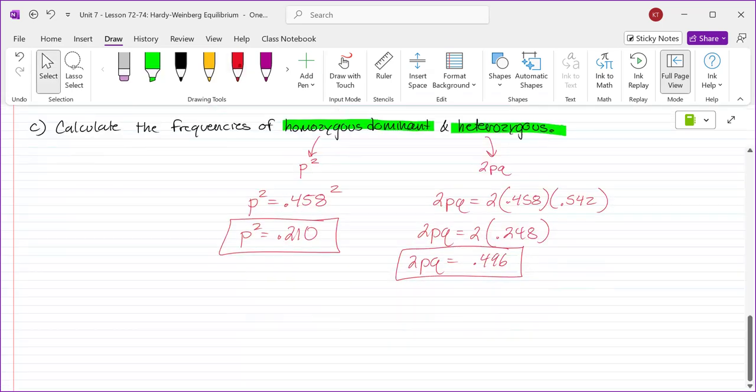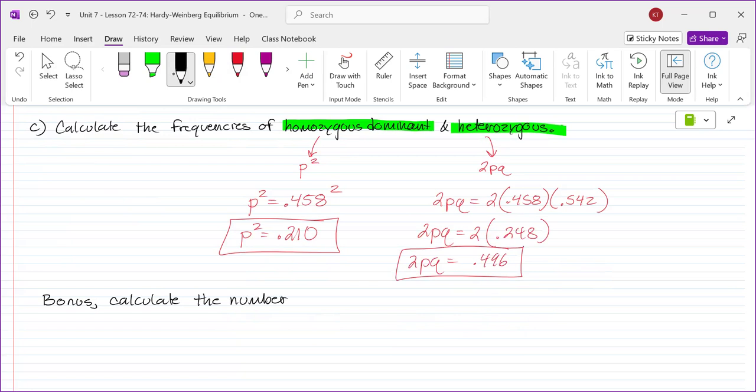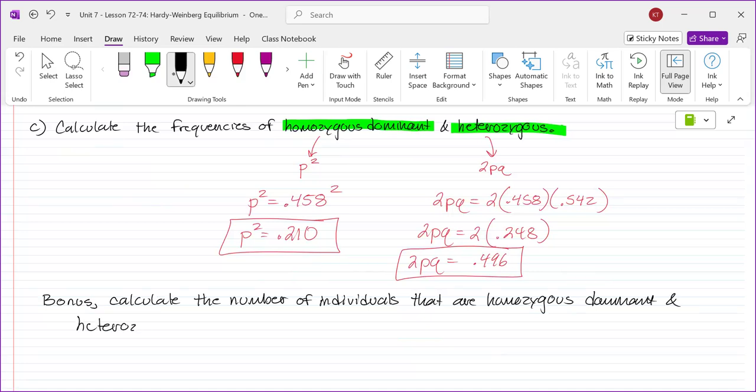This is a bonus one. Calculate the number of individuals that are homozygous dominant and heterozygous. I want numbers.